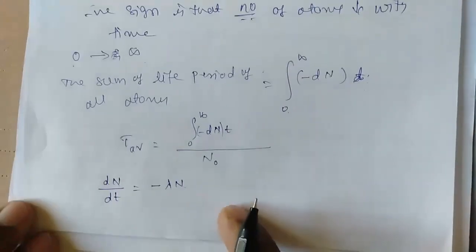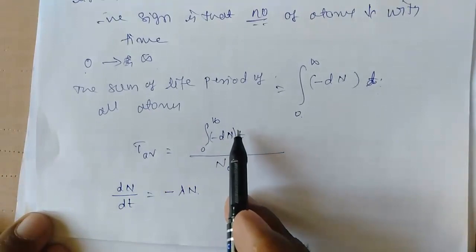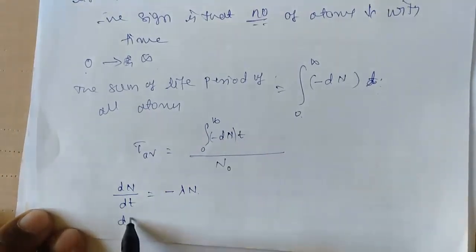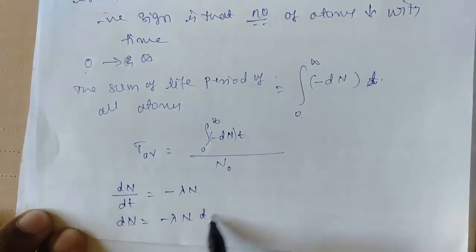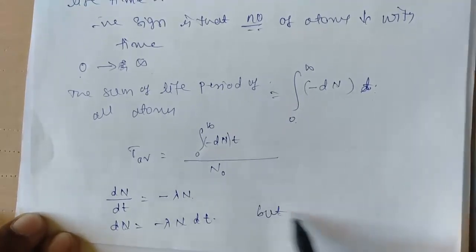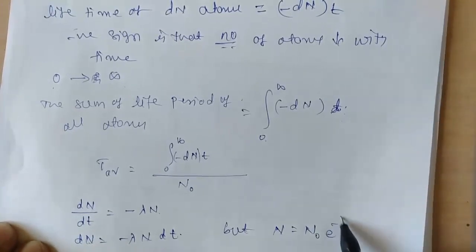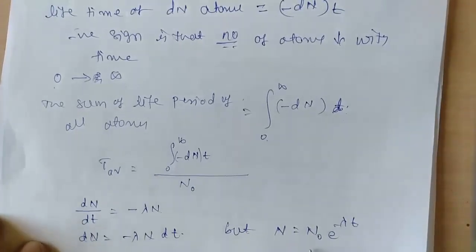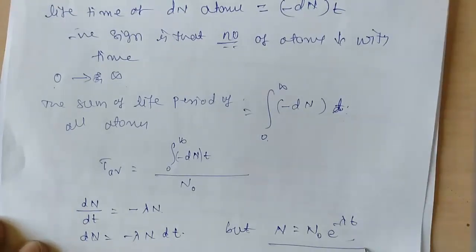If I substitute the value of dN by dt, we get dN is equal to minus lambda into N into dt. But we also know that the number of atoms at any instant of time is given by N is equal to N naught e to the power of minus lambda t. This one we derived in our previous video.